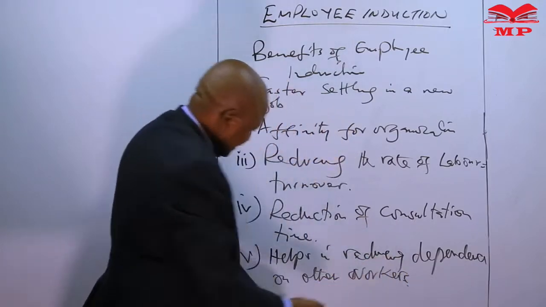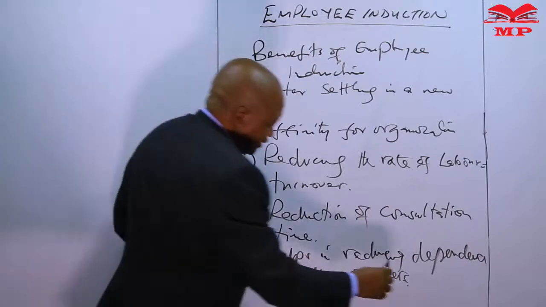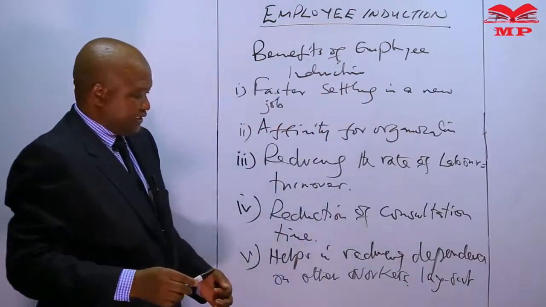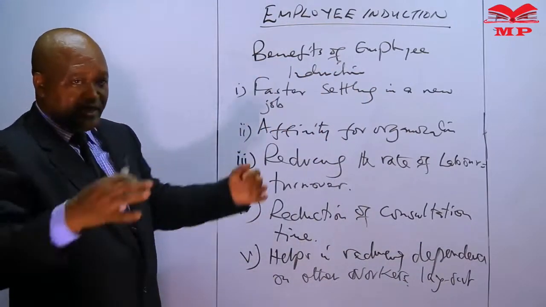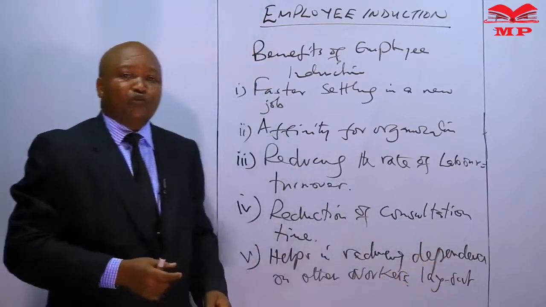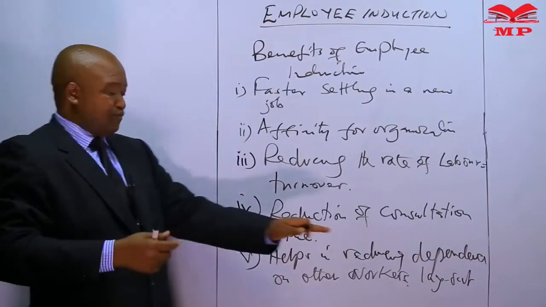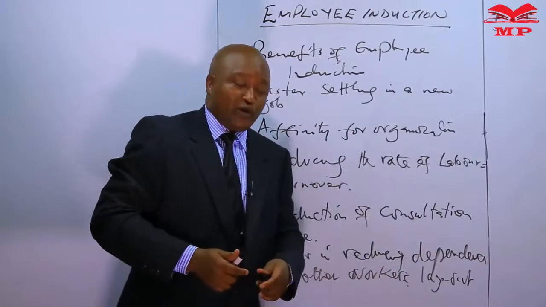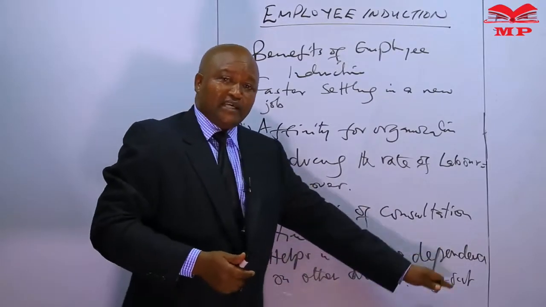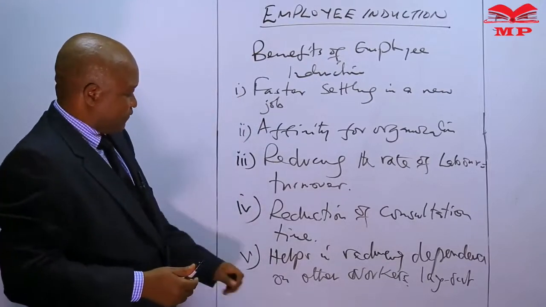Now, what this implies is that an employee who has been oriented, for instance, through the layout of any one given organization, is able to move within that particular organization freely without having to depend on other employees to ask for directions. If, for example, a meeting is supposed to be done in Block A, the worker will know where Block A is and is able to move, is able to get work done, is able to deliver what is supposed to be delivered in the shortest time possible.